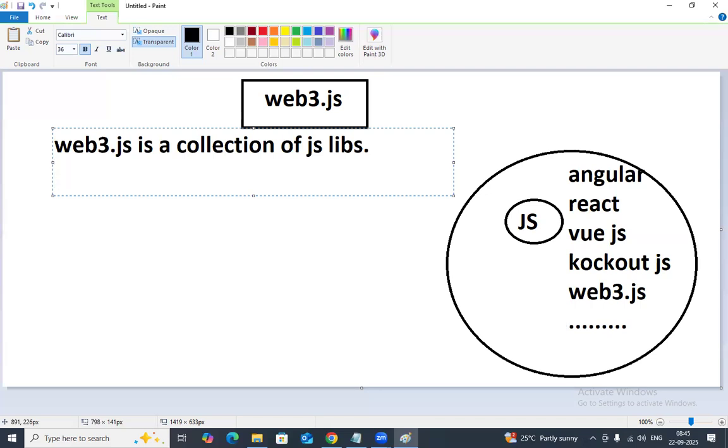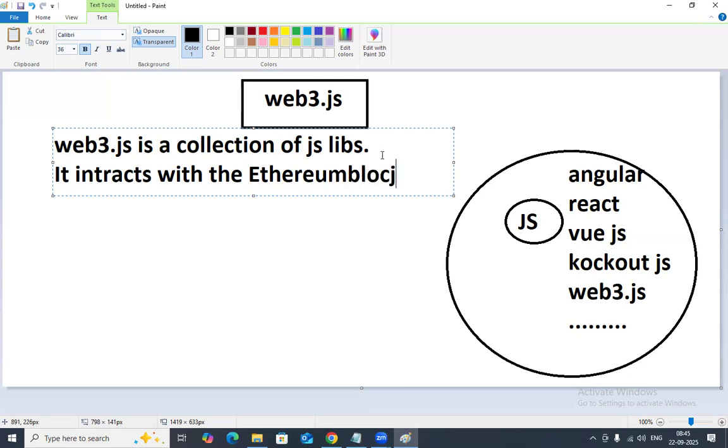It interacts with Ethereum. This is a new term called Ethereum. This Ethereum is some kind of blockchain actually, the Ethereum blockchain.